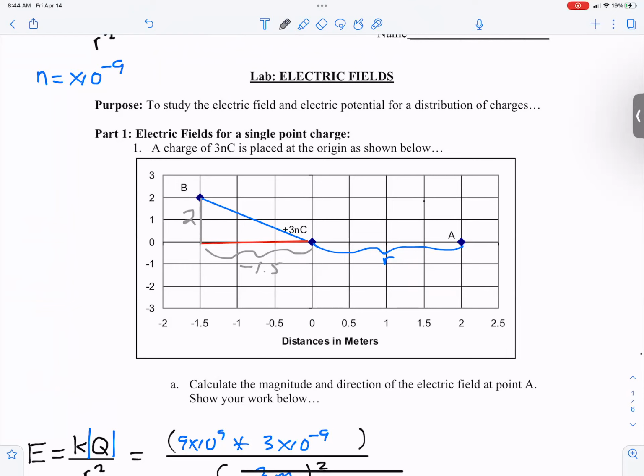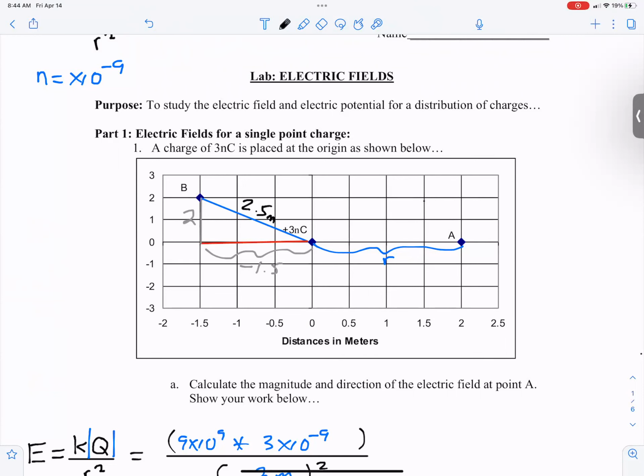So use Pythagorean theorem on that, 2 squared plus 1.5 squared, square root that. Go ahead and pause the video and figure out this distance here. You should have been able to come up with a distance of about 2.5 meters.